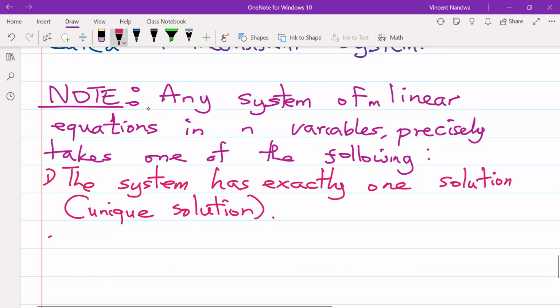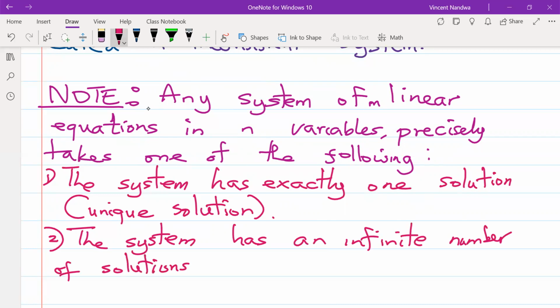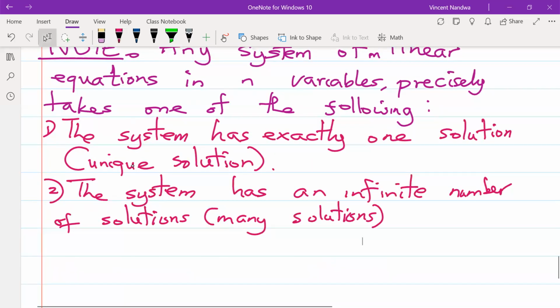Number two, the system has an infinite number of solutions. Or the system has no solution.